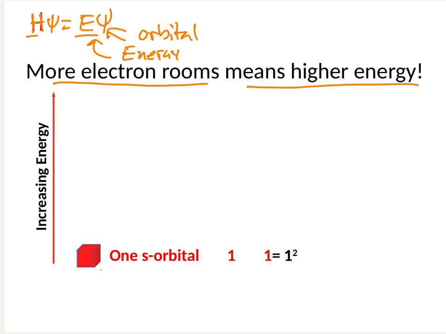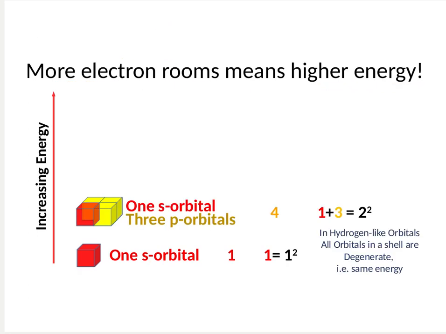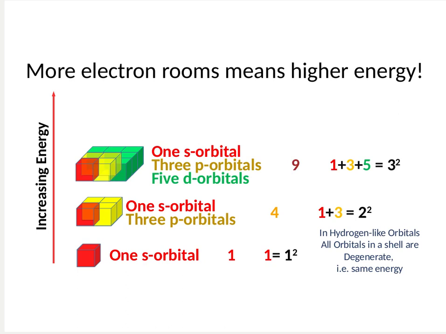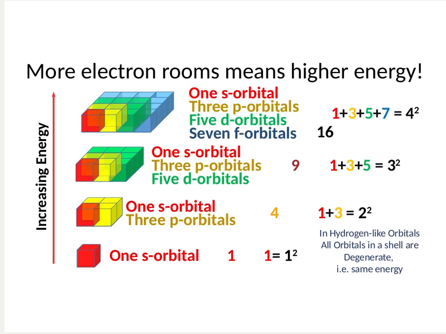So if we start off here at the bottom with the smallest possible house that we can make, a single-story house, we have only one room, one single s orbital, and that's going to be our lowest possible energy. Then, if we make a two-story house, our 2x2 setup, the result will be a home with higher energy, and so on and so forth as you add additional stories to the home.